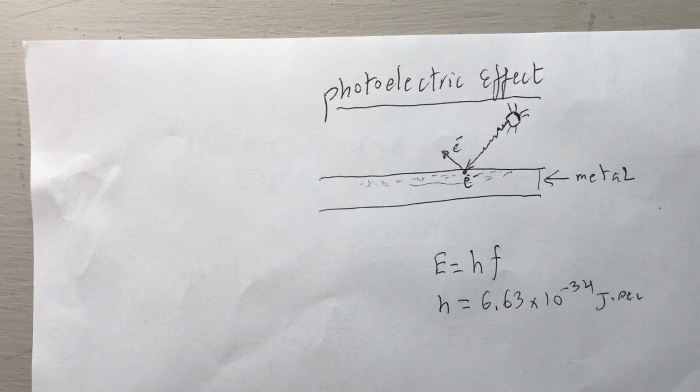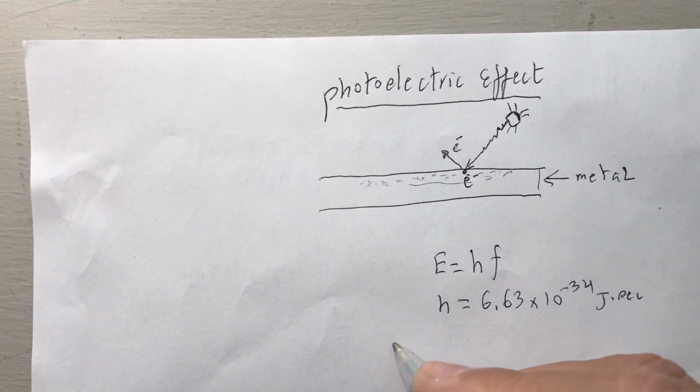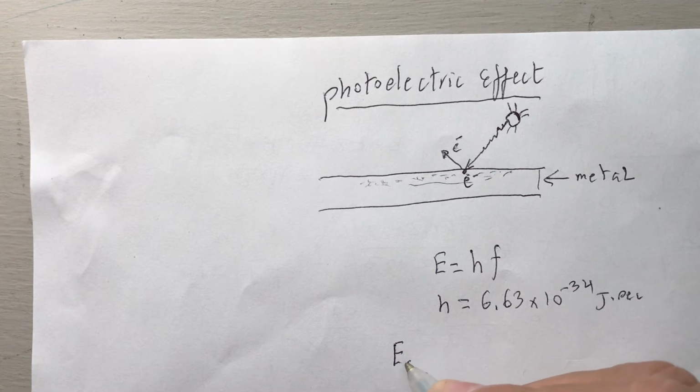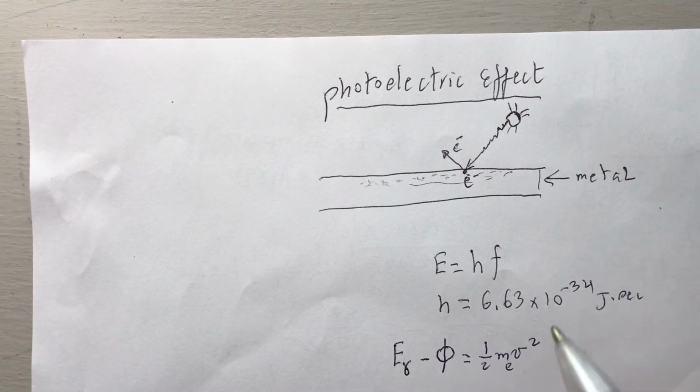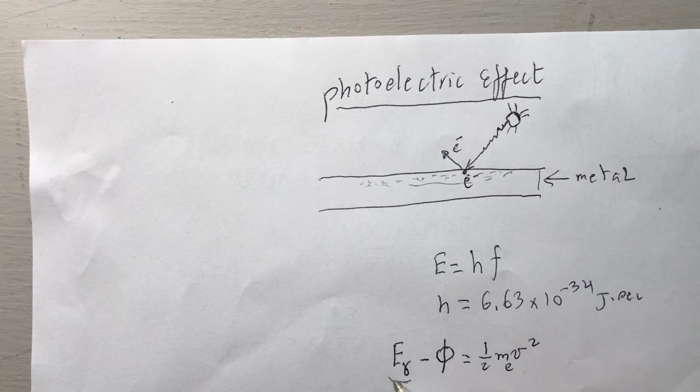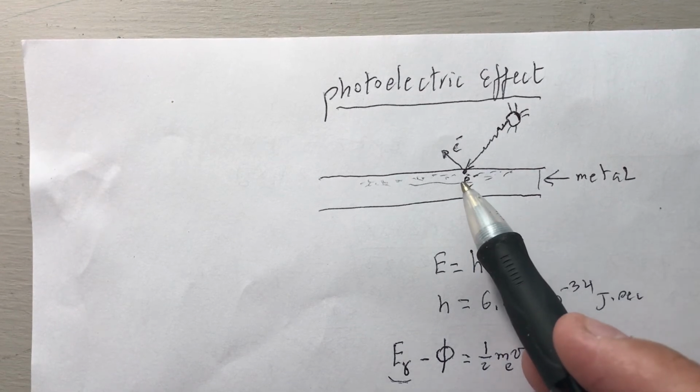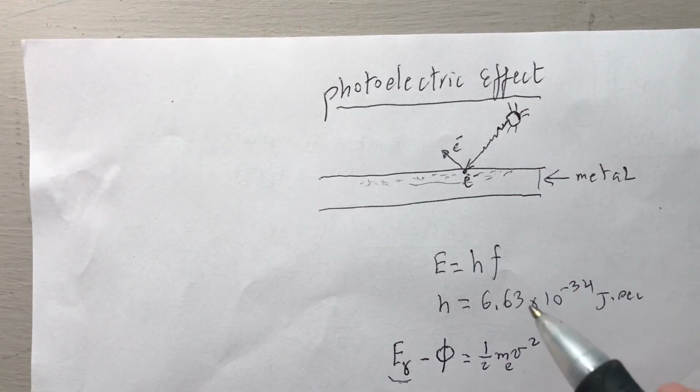We can write down an equation: the energy of the photon, E gamma, minus the binding energy, the work function phi, is equal to what's left, which is the kinetic energy, with the mass of the electron. If this energy is high enough, the electron will dissociate from the atom and leave the metal.